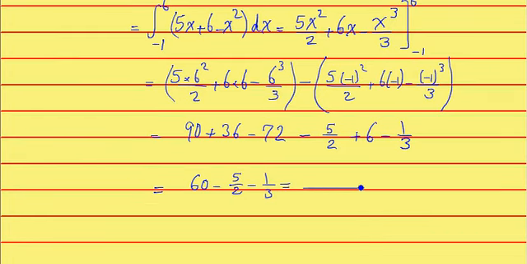If you want to take a common denominator now, or you want to simplify these fractions, it's a matter of style. 360 minus, I believe, 15 minus 2 makes 346, and that is 57 and 1/6.